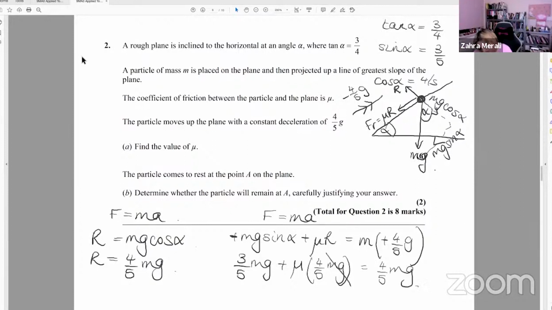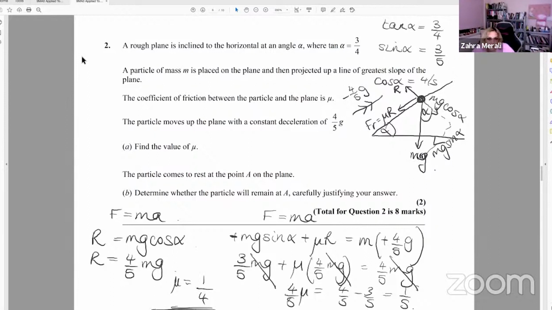So the mg's cancel everywhere. So 4/5 mu is going to be 4/5 minus 3/5, which gives you 1/5. So then mu is equal to, times it by 5, divided by 4, 1/4.